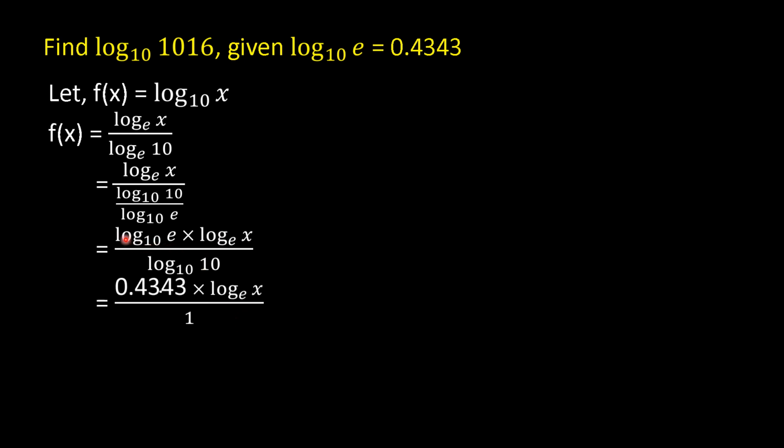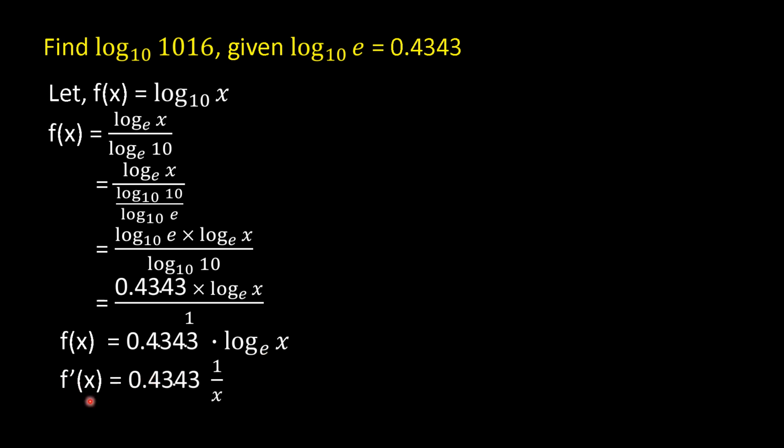We know log e to the base 10 is 0.4343 and log 10 to the base 10 is 1. So we get f(x) equals 0.4343 times log x to the base e. Now since here the base of the logarithm is e, we can find its derivative. So we write f dash x equals 0.4343 multiplied by 1 divided by x.